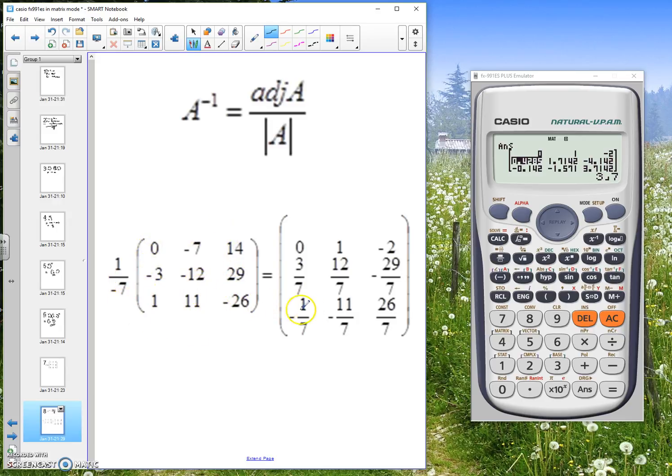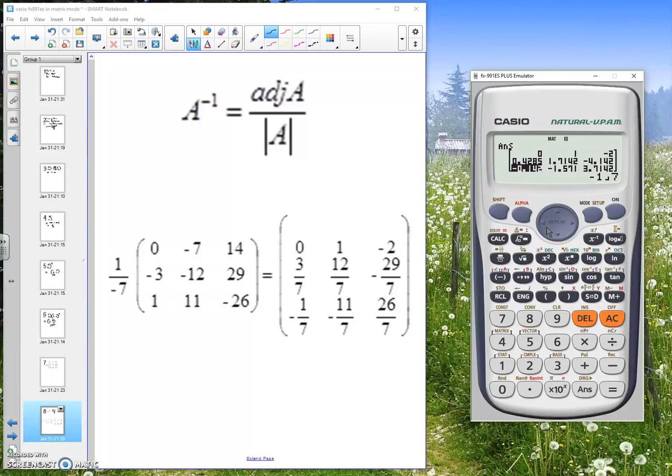So multiplying those two things together gives me this matrix now with 9 elements, which is the inverse. And if I compare it to what I'm seeing over here, I can see I've got the same fractions. That's 12/7, -29/7, down here 26/7, -11/7, and -1/7.